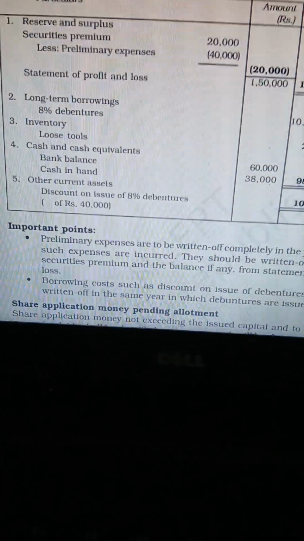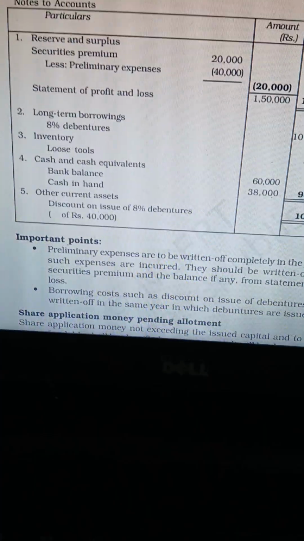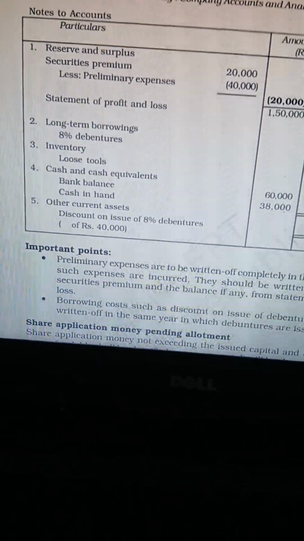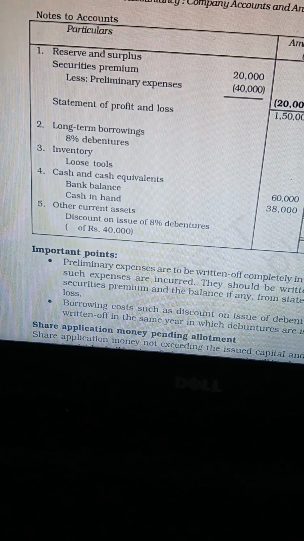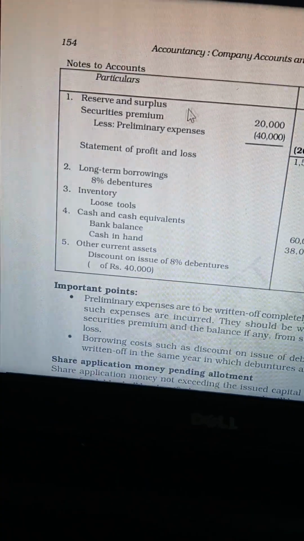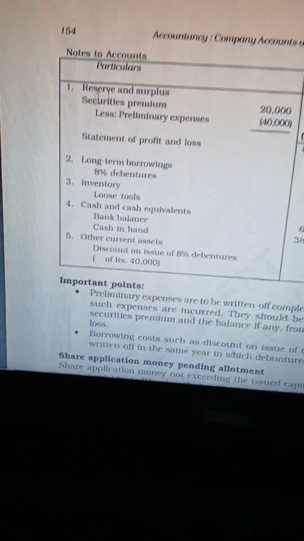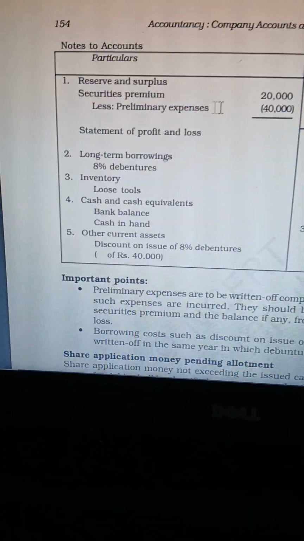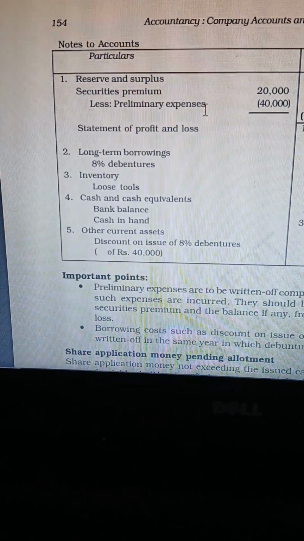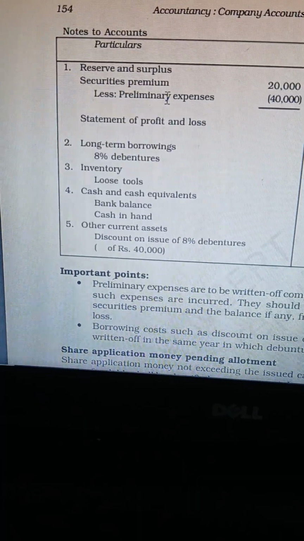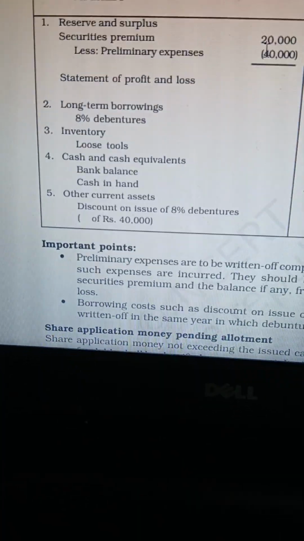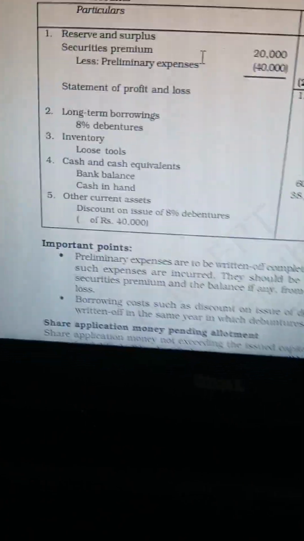Then we have to note one thing, that the preliminary expenses are to be written off completely in the year in which such expenses are incurred. They should be written off first from the securities premium and the balance, if any, from the statement of profit and loss. So under the reserves and surplus heading, the first item, securities premium, the amount is 20,000. As I said earlier, the preliminary expenses should be written off from the securities premium first. Written off means we have to reduce the value from the securities premium.